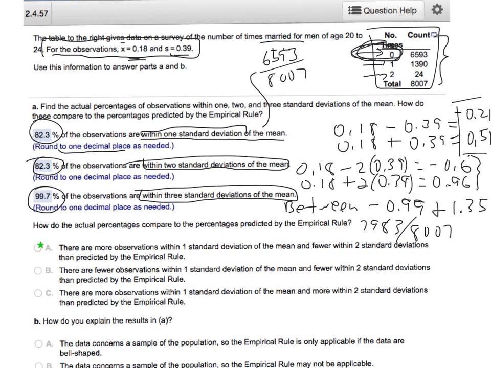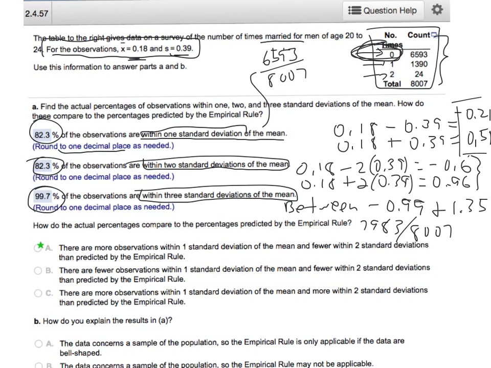But that flies in the face of the empirical rule. The empirical rule, remember, says that there's a very specific number of observations in this range: within 1 standard deviation, we expect 60-some% of the observations to be there, and so this is higher than we would think. And then we expect about 90-some% of the observations to be within 2 standard deviations, and so this is lower than we would think.